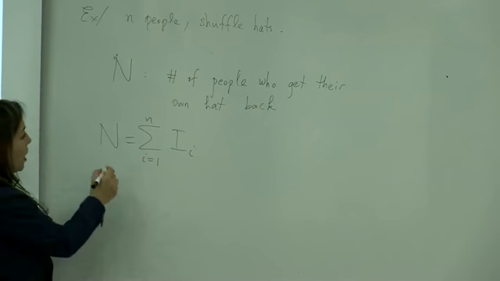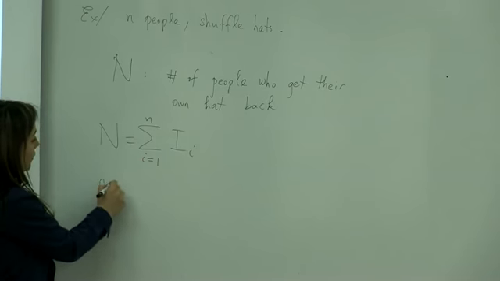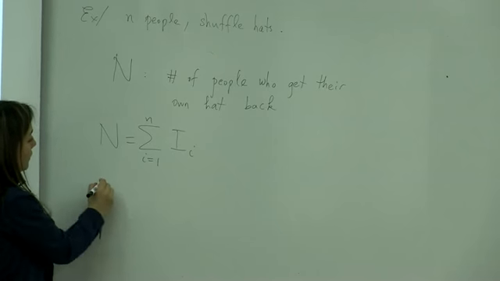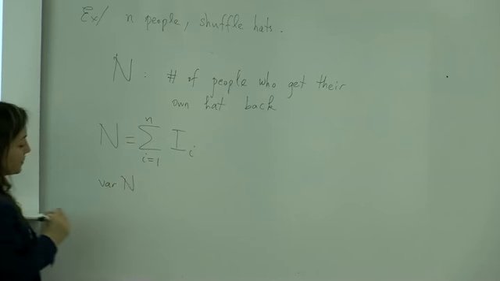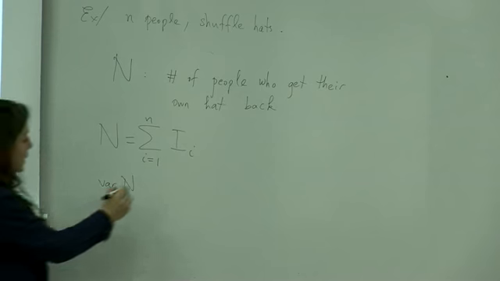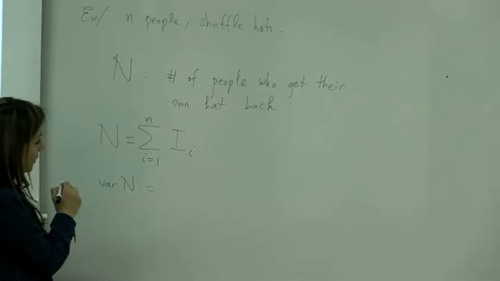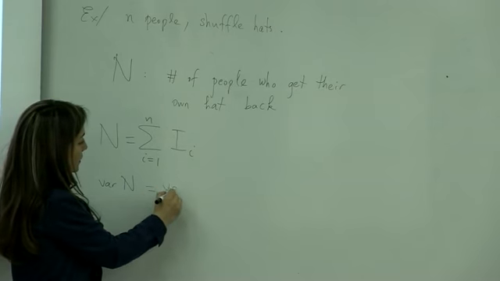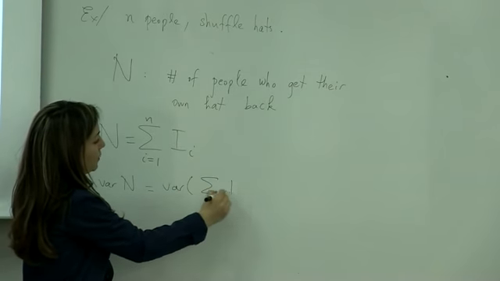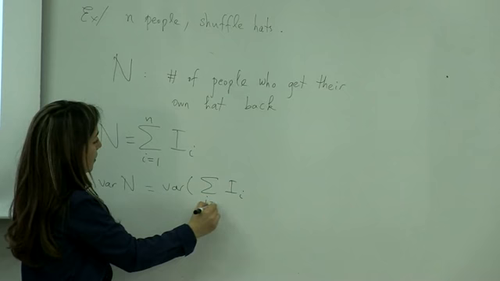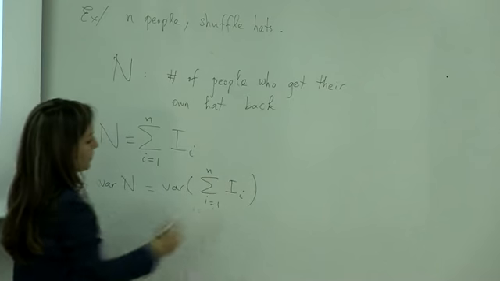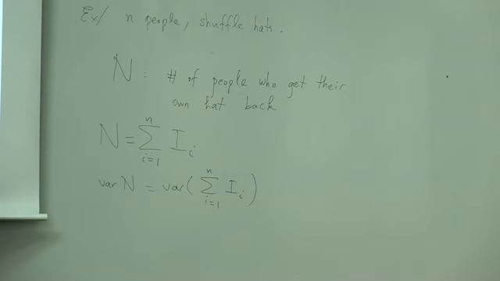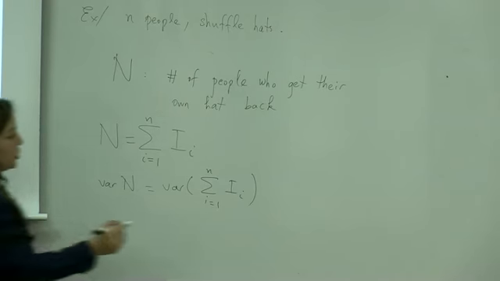Okay, so I need the variance of N. This is the variance of the sum of I_i's, i from 1 to n. Okay, let's make a definition.